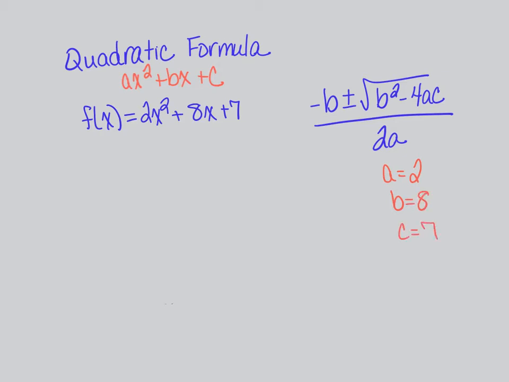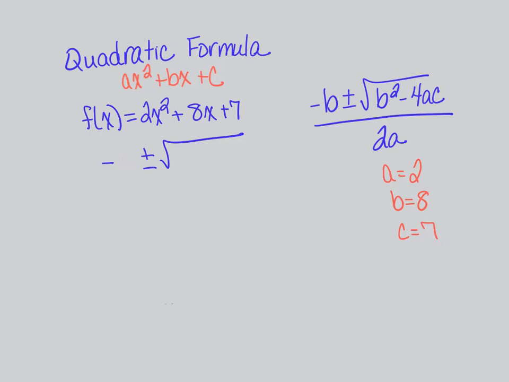Good. Okay. So I'm going to keep the parts of the quadratic formula in blue, and I am going to put the A, B, and C in red so you can see what we're working with. Okay? So I've got negative B plus or minus the square root. Whoops. I actually meant to put values in there.